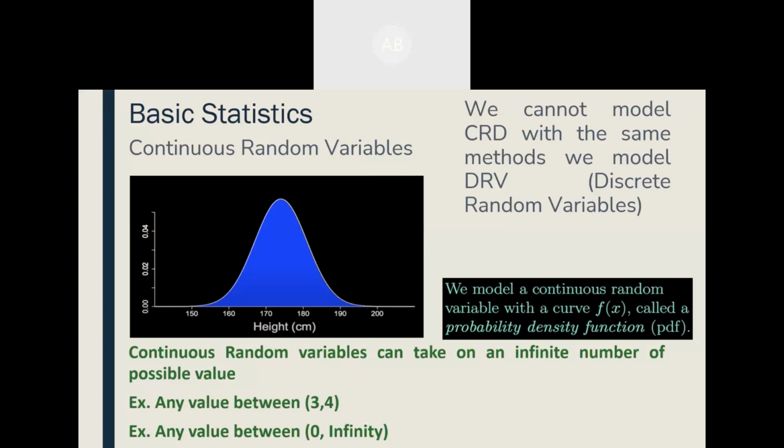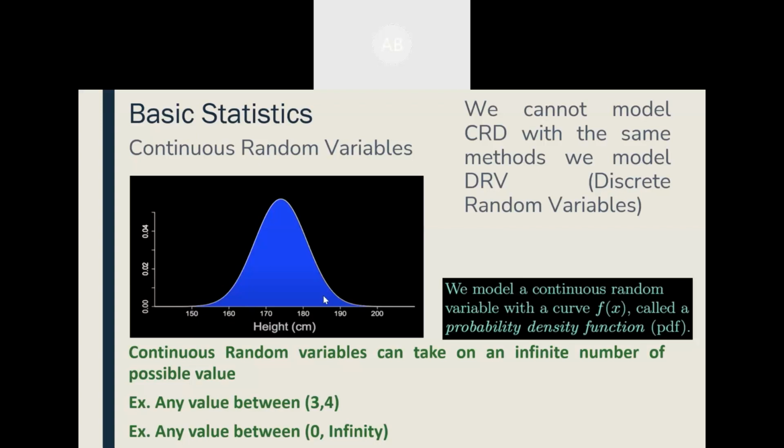Whatever values I get, I can get 150, I can get 150.1, 150.2, 150.3. I can get all the possible values from 150 to 160, and not only to 160, from 150 to 170 or 150 to 200. This is just an example. Someone may have a height of 160.5, someone may have a height of 163.7.